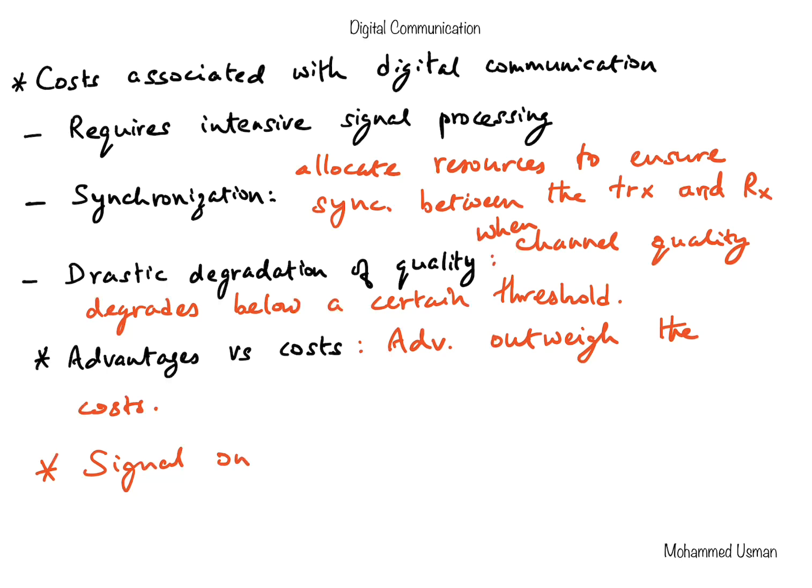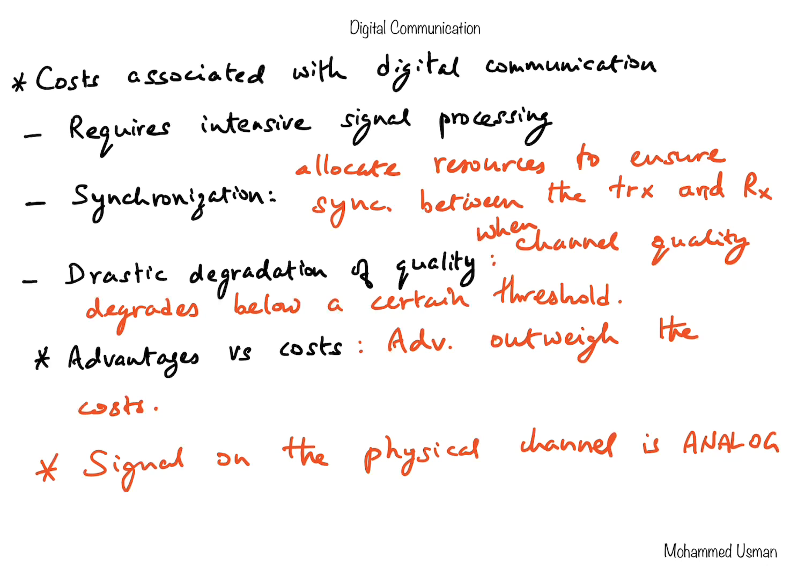Signal on the physical channel is analog. Right? So whether it's a wireless channel or an optical channel or a copper cable, the signal that goes onto the communication channel is analog.